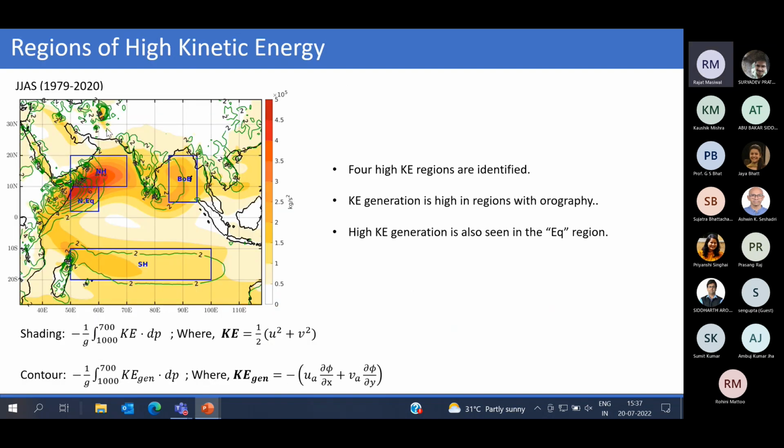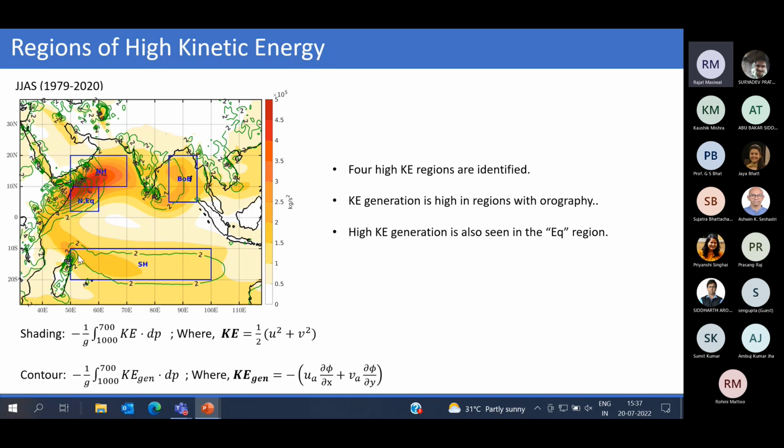But first, let's look at the vertically integrated kinetic energy and the kinetic energy generation, the seasonal mean picture. Here the green contour shows the kinetic energy generation integrated from 1000 hectopascal to 700 hectopascal, and the color shading shows the kinetic energy integrated over the same vertical region.